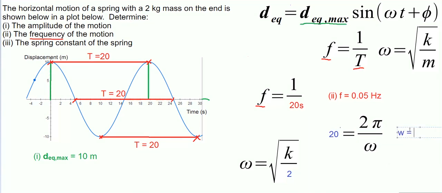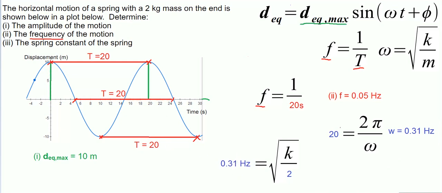I'm going to use a w here, which is not proper, but whatever. We can find omega. If you've done it correctly, it's 0.31. The units are hertz, because this is an angular frequency, just like it was when we dealt with rotational coordinates. And so we can take that and put it right here in place of omega over here.